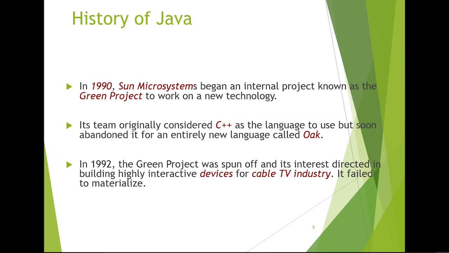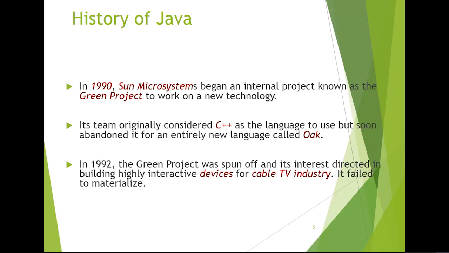What happened here is the project was created for building interactive devices, so different types of devices would be able to interact with each other with the use of the Green Project. But later on, they decided to change and moved to the cable system industry instead.